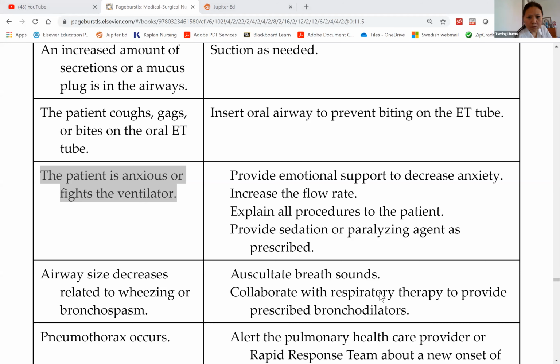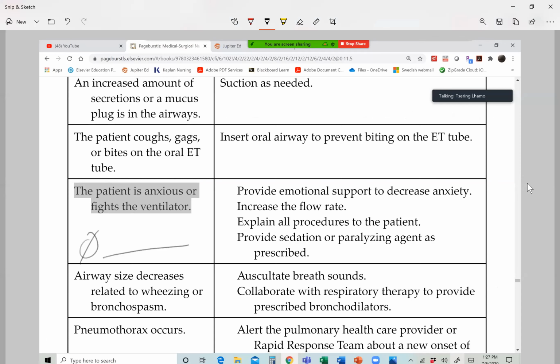So let's say Mr. Espinosa, if this is you, sir, the vent gives you a breath here, right? And then through no fault of your own, because you're partially sedated, you took a breath right before the next scheduled breath. So let's say this is 1, 2, 3, 4, 5. The patient's supposed to get another breath here. 6, 7, 8, 9, 10. So we said every 5 seconds, right?